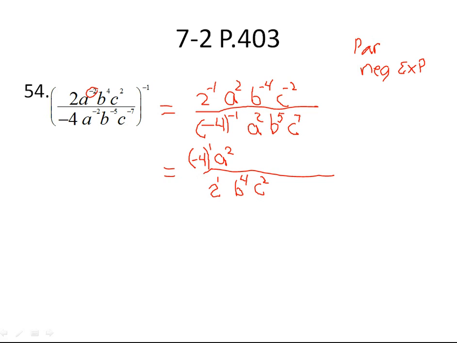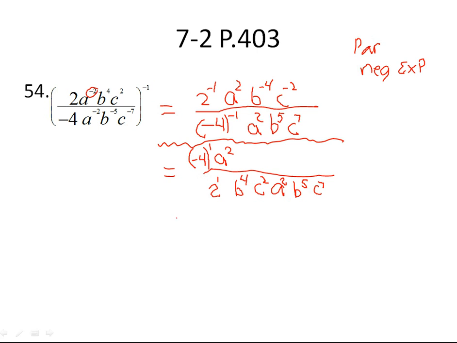Then we have a squared, and that's going to stay where it is in the denominator. B to the 5th stays in the denominator, and c to the 7th stays in the denominator because they're all positive exponents.